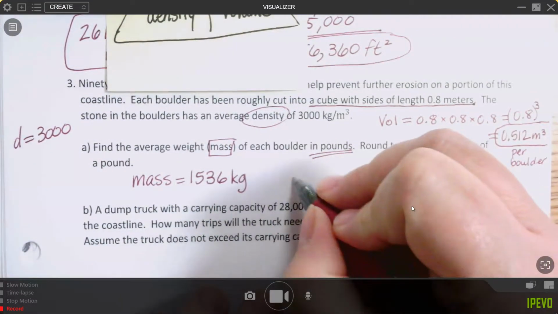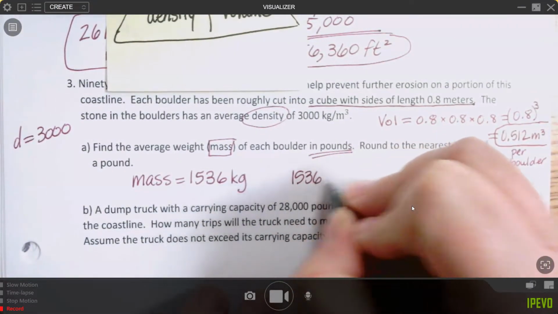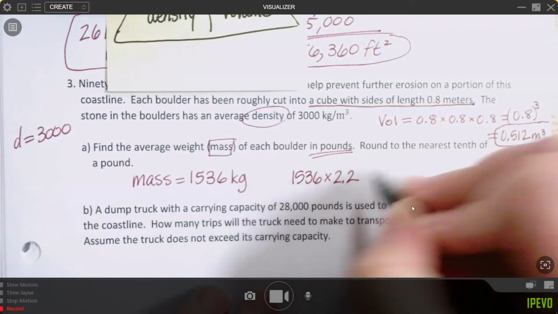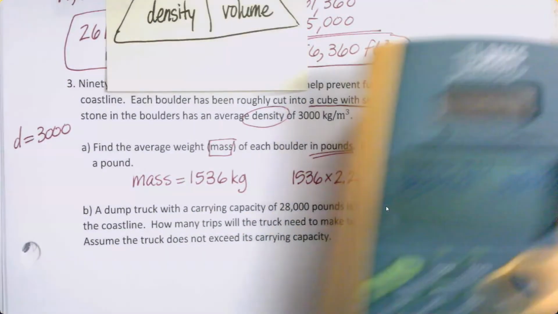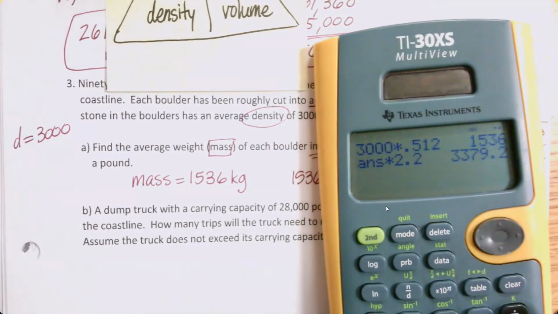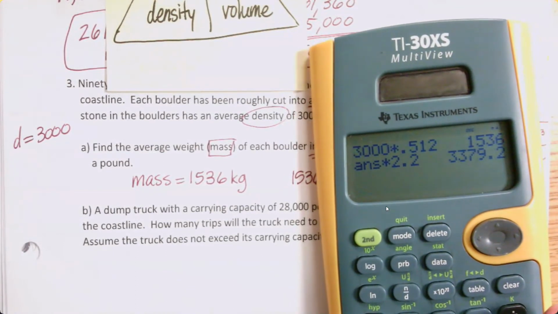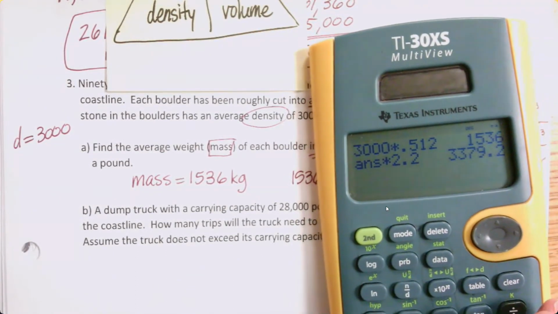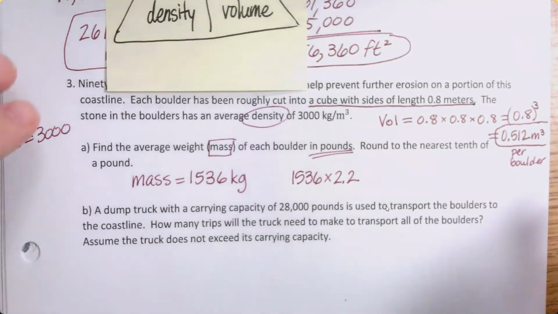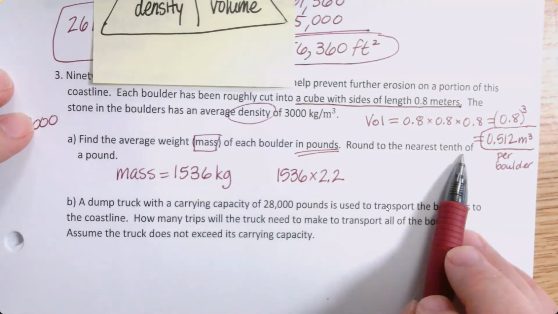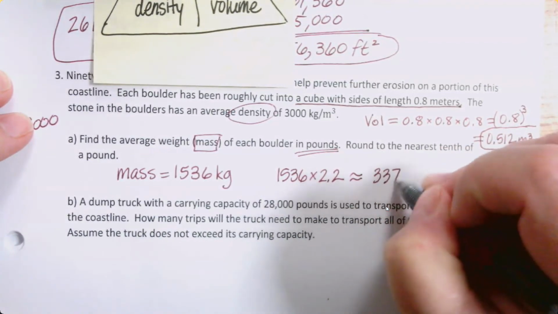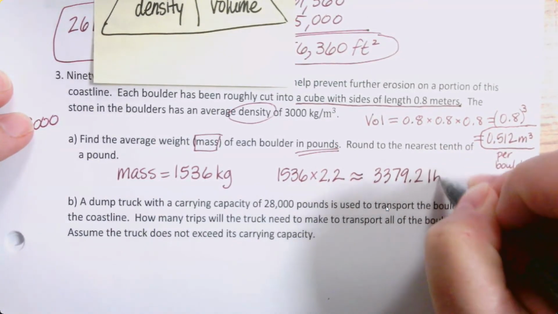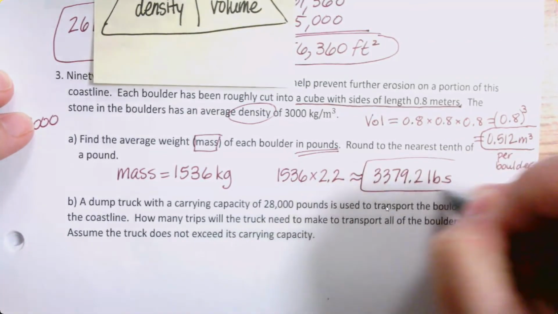So I'm going to do 1536 times 2.2 to see how many pounds I have. And I get 3,379.2. It says round to the nearest tenth of a pound, so that's actually what we just had. So 3,379.2 pounds. So that is my answer.